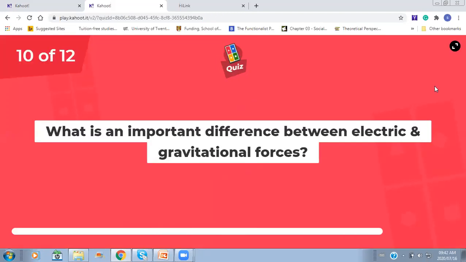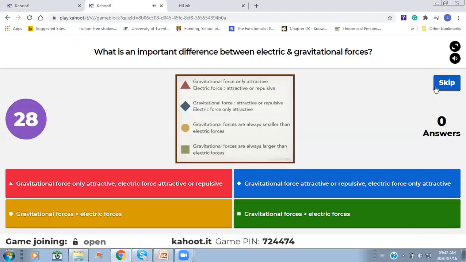What is an important difference between electric and gravitational force?